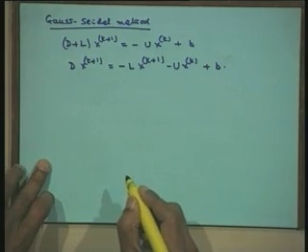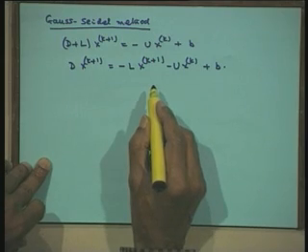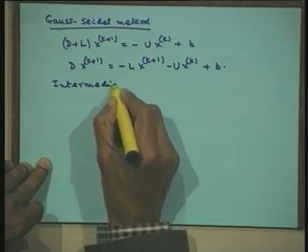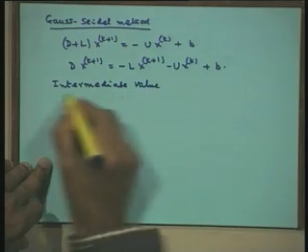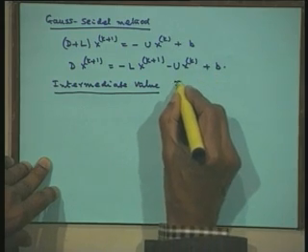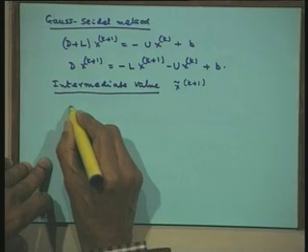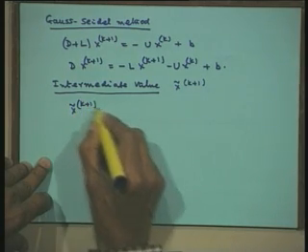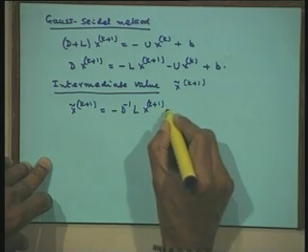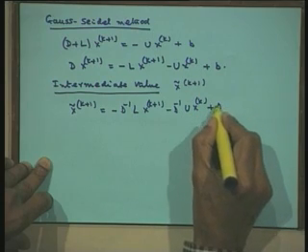Now, the solution of this system we shall call an intermediate value, with a new notation, x tilde^(k+1). Therefore, x tilde^(k+1) = -D inverse L x^(k+1) - D inverse U x^k + D inverse b.